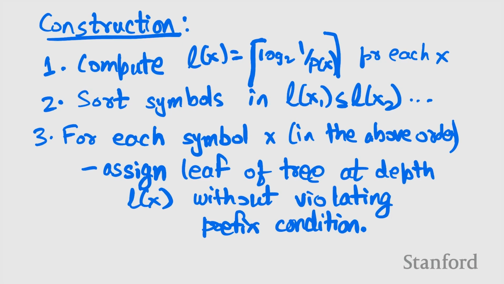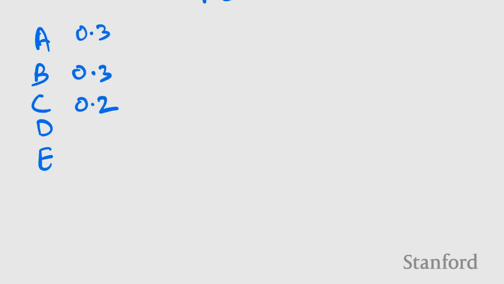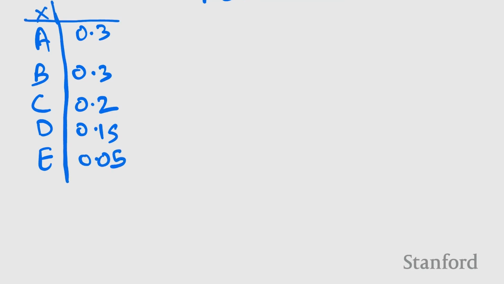Let's do an example, and then if anybody has questions, we will go through the questions. I think the example will help. So A, B, C. We'll take a slightly bigger example so that it's easier. So this is x, the symbol.